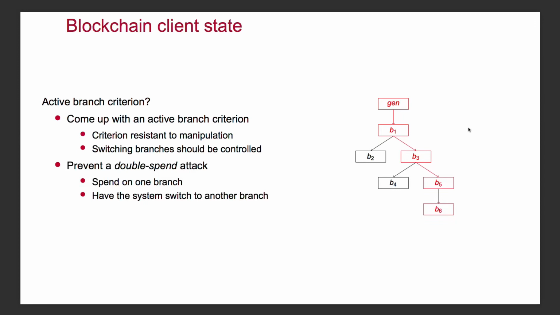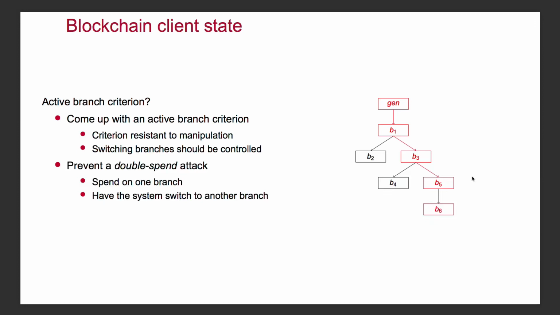We need to come up with a criterion. This criterion should be resistant to manipulation. I should not be able to make nodes arbitrarily switch branches in a block tree, because then I'm going to change the view of what the ledger is for other nodes.